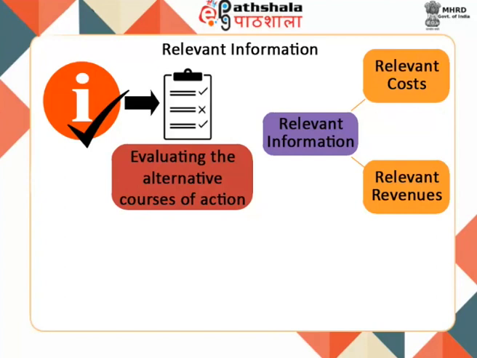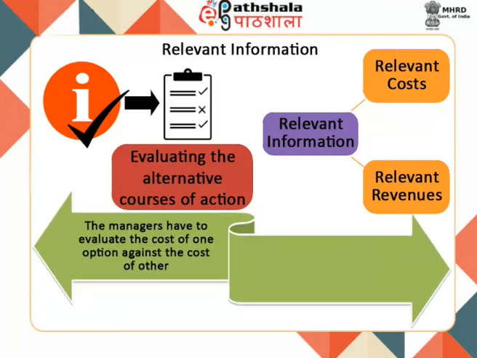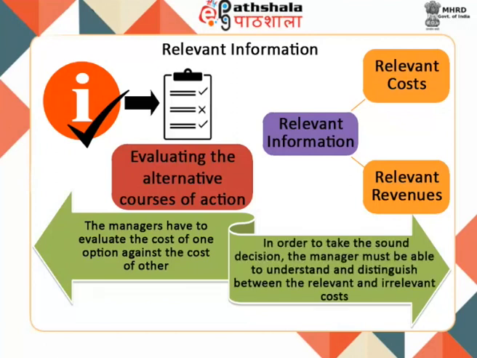Cost is an important factor in decision making. The managers have to evaluate the cost of one option against the cost of another. However, it happens that some of the costs associated with the alternative may not be relevant for the decision to be made.